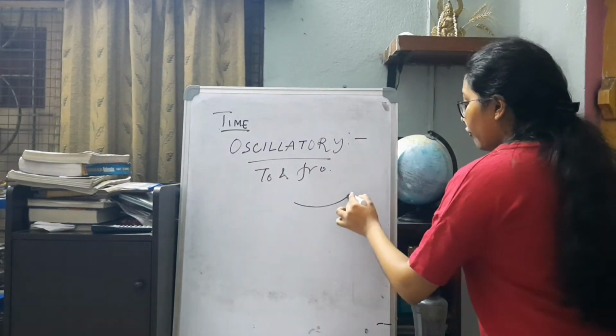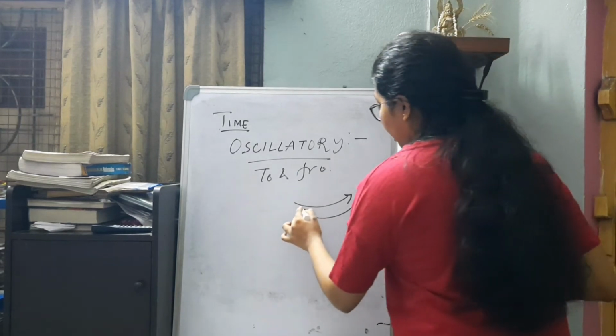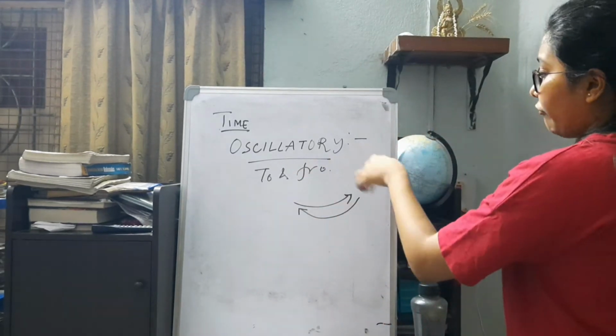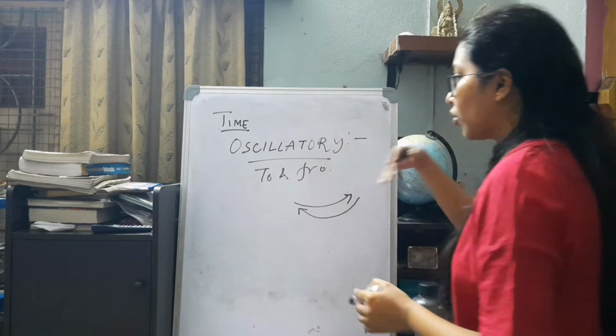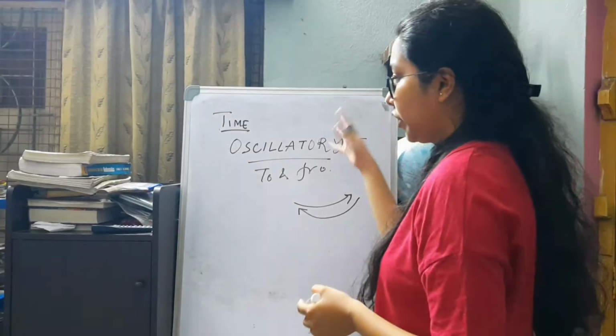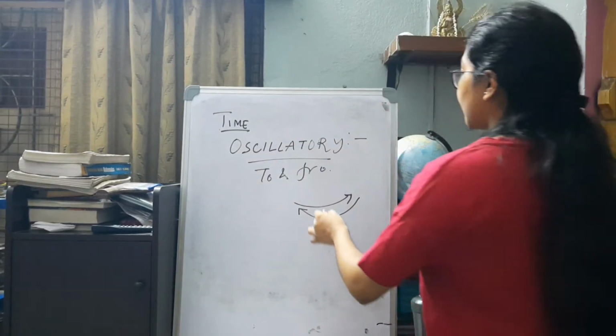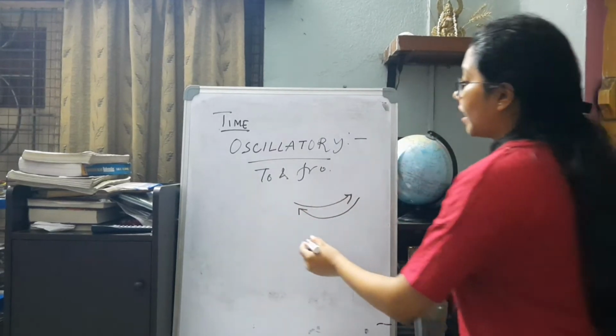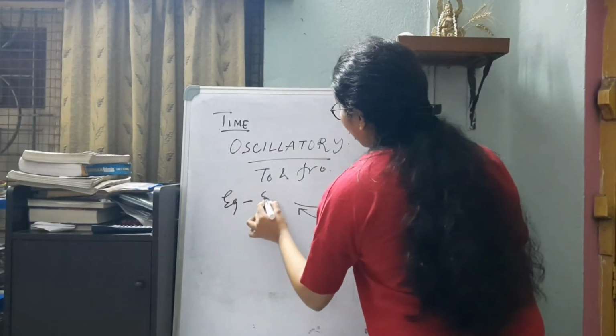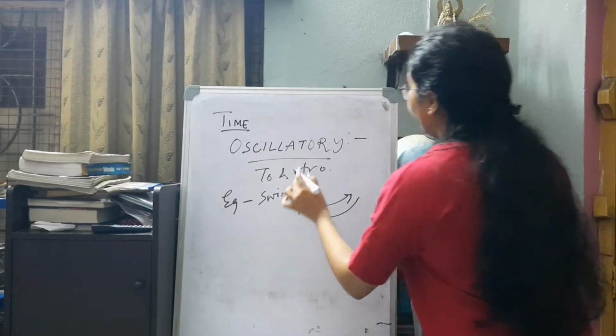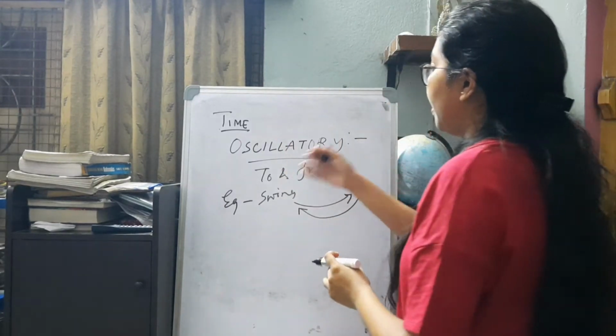It moves to a certain place and returns back, oscillating between two particular ends. The most common example is a swing, which moves to and fro between two particular ends.